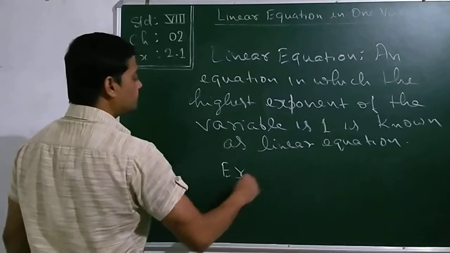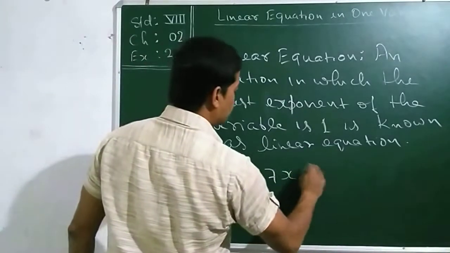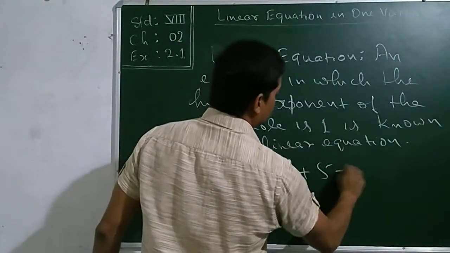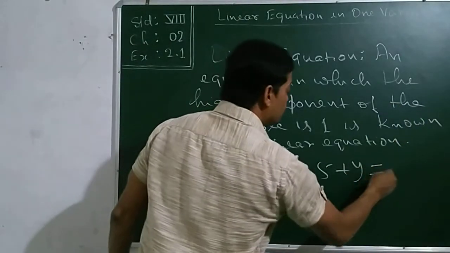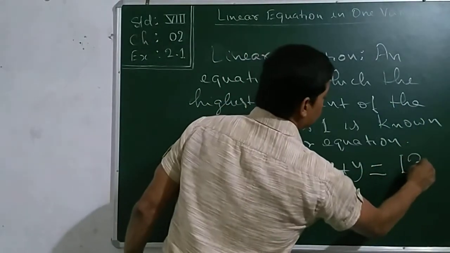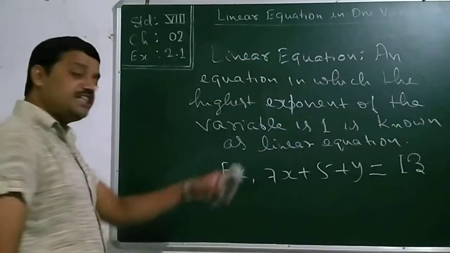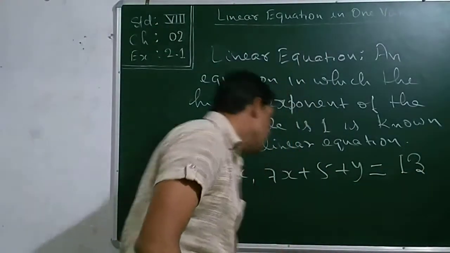Example: 7x plus 5 plus y equal to 13 is a linear equation.